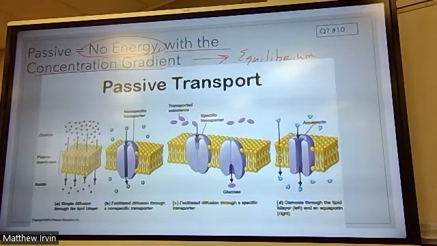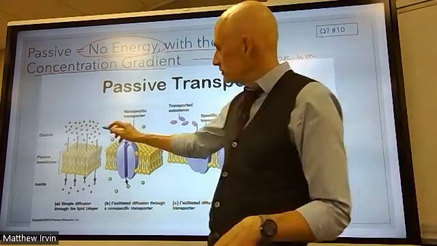So cells need to avoid that. We don't want equal concentrations of CO2 on the inside and the outside of our body, so that otherwise we can't get rid of it. We don't want equal concentrations of oxygen on the inside and outside of our body, otherwise we can't take it in. But you have just general diffusion.